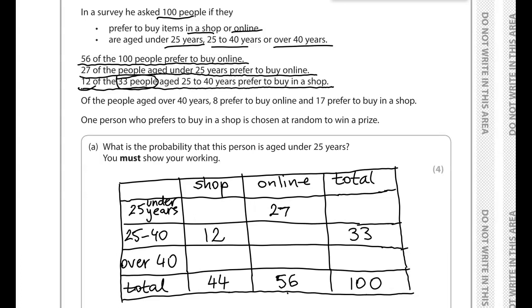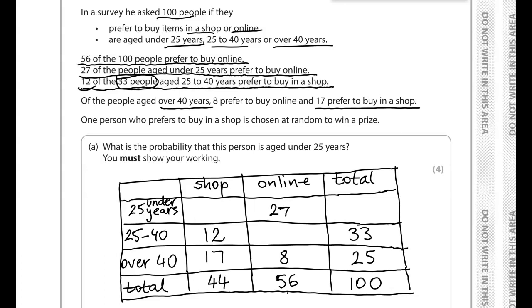Of the people aged over 40 years, 8 prefer to buy online, and 17 prefer to buy in a shop. So that makes it 25 in total over 40.